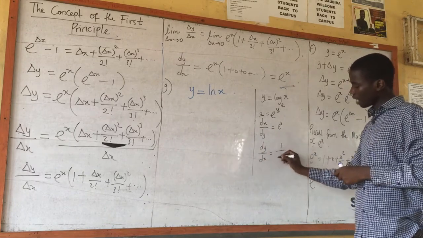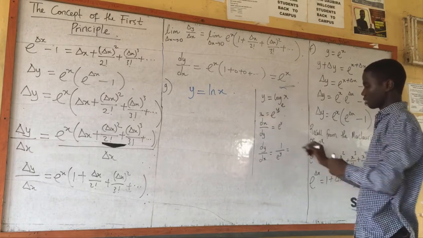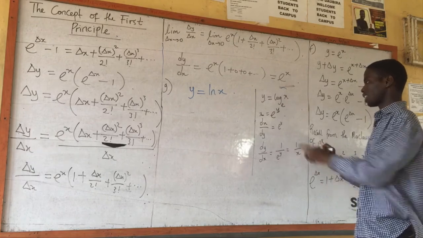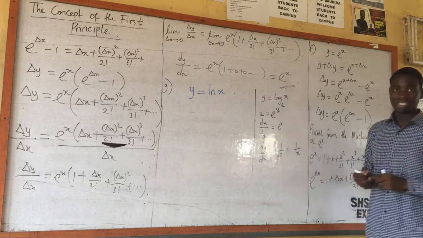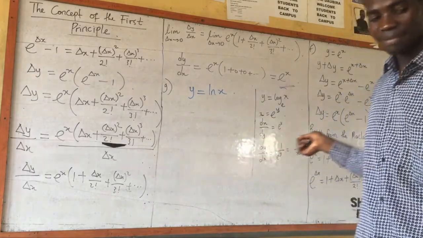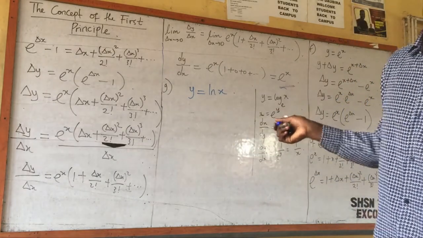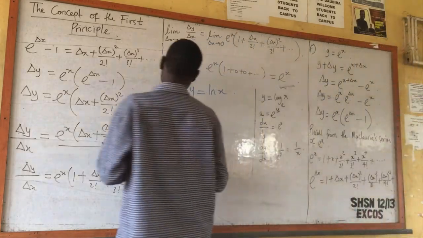This one will now be 1 over e raised power y, and e raised power y is what? s. So e raised power y is equal to s. That means dy ds will be 1 over s. That is the first approach. But since I have explained this in the last example, let's do this one naturally.